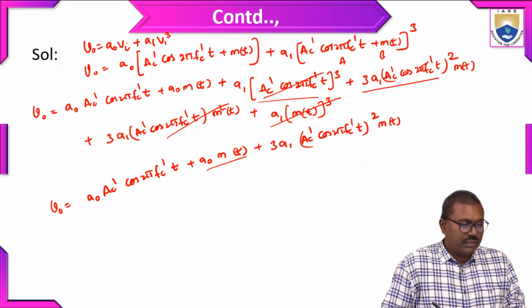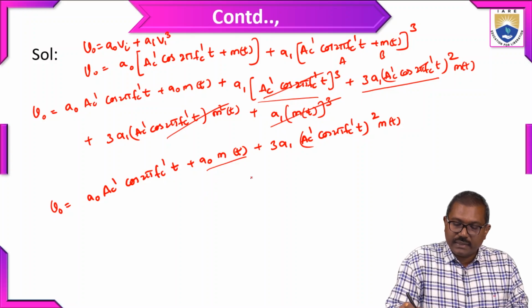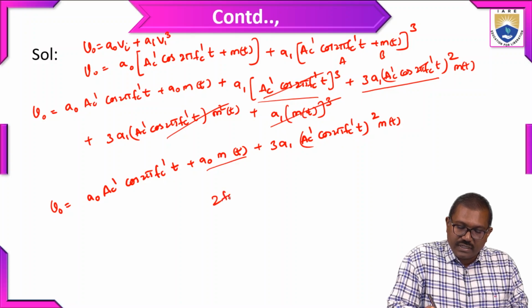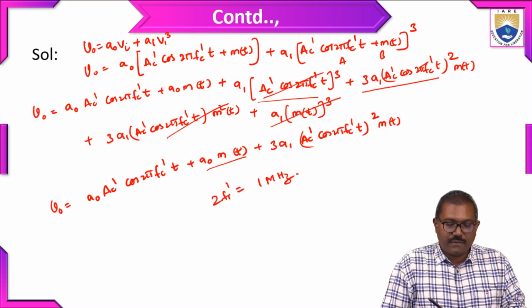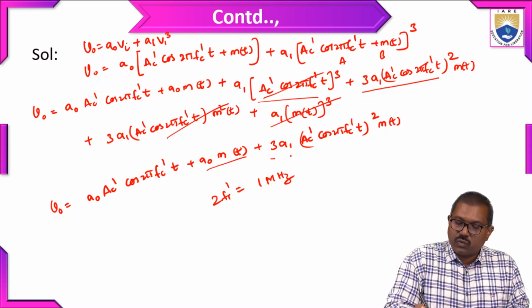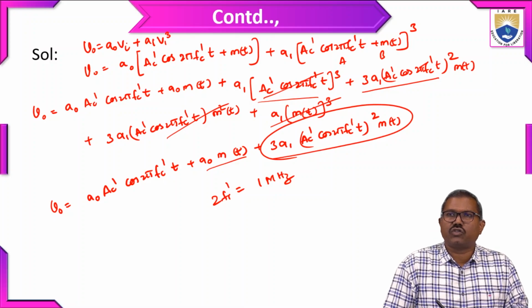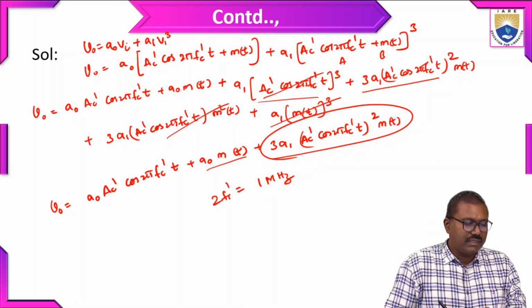So here we are taking 2 FC dash is equal to 1 megahertz. This one is the DSB signal. This only, 3A1 AC dash cos 2 pi FC dash T whole square M of T, is the DSB signal.